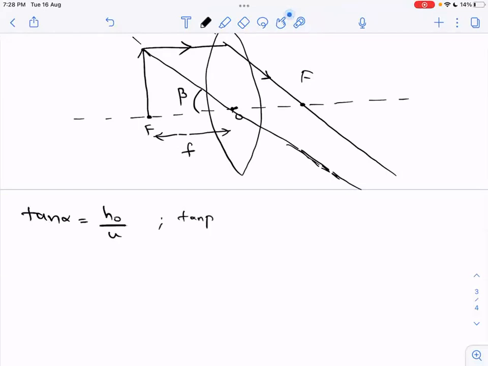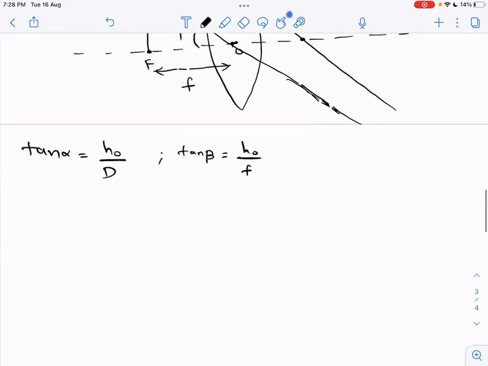But what is tan beta equal to? It is the same h naught divided by f. Right. So to be more specific, h naught divided by d. So magnifying power will be equal to beta divided by alpha. So beta is h naught by f, divided by alpha, which is h naught by d. So it will be d divided by f.